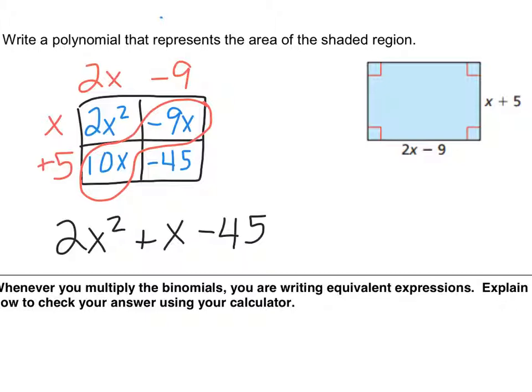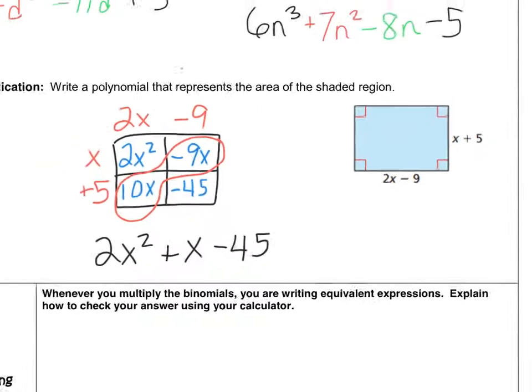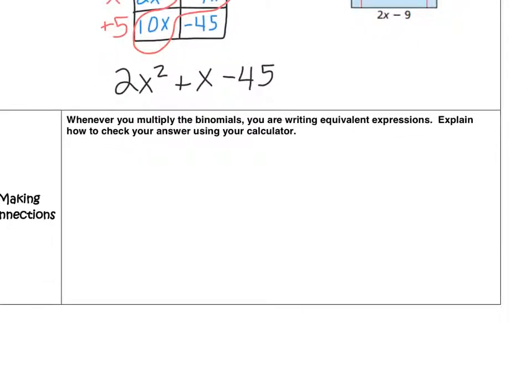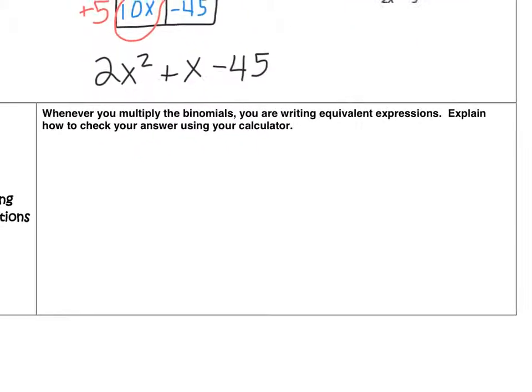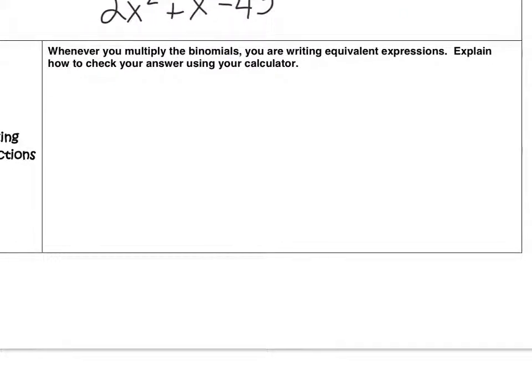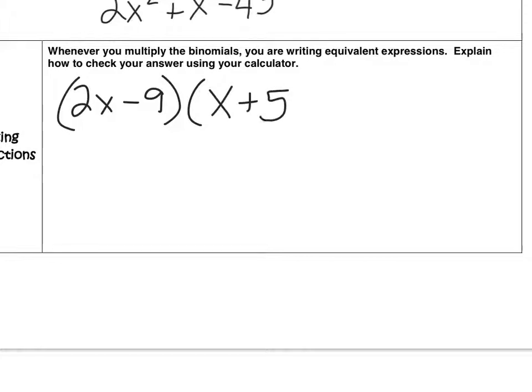Now the last thing is just asking if there's a way you could check your answer when you're multiplying binomials or any time you're writing what's called an equivalent expression. So let me run this idea by you. Let's take the one we just did. Take the 2x minus 9 times x plus 5.